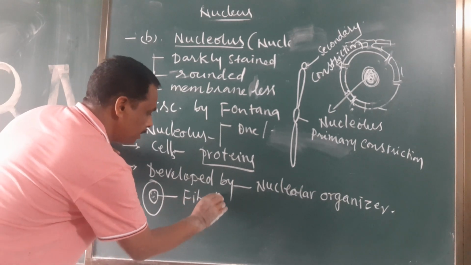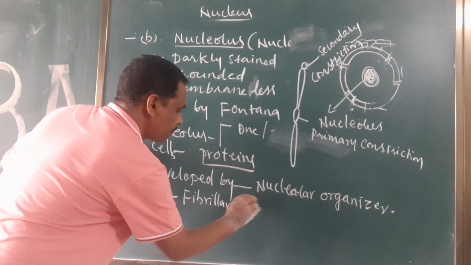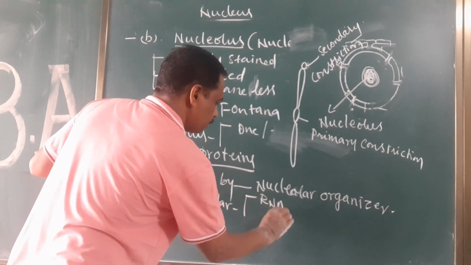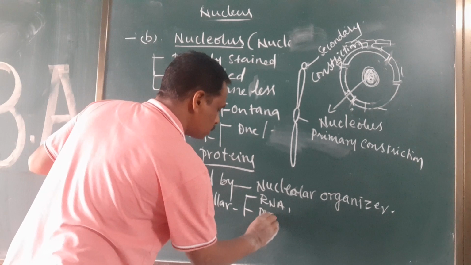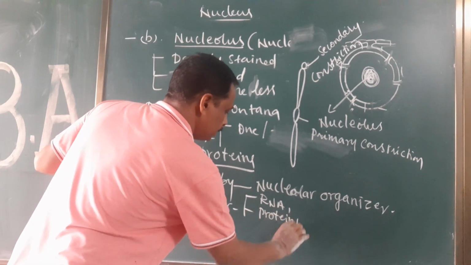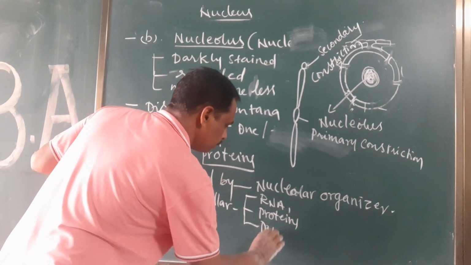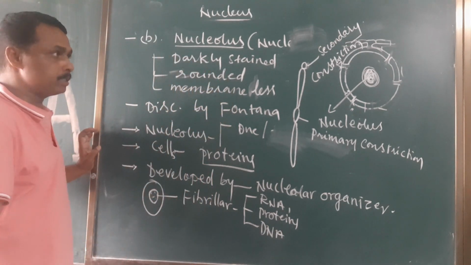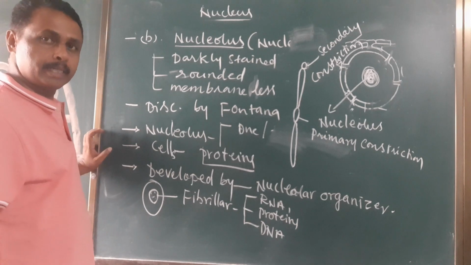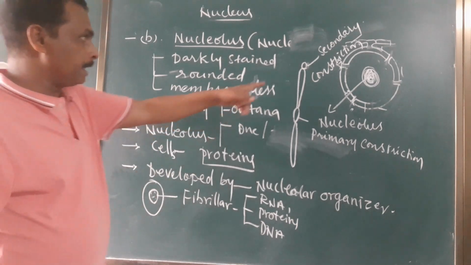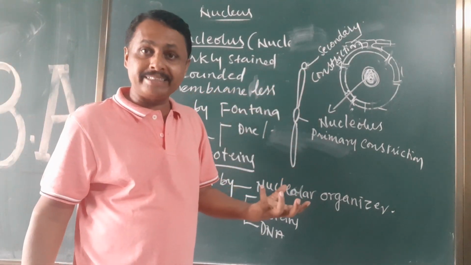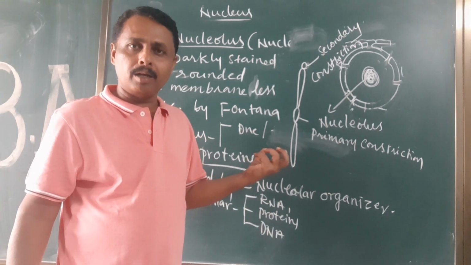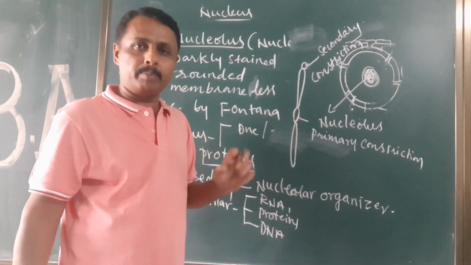It is made of RNA, proteins, and a trace amount of DNA, meaning less DNA is present in the central part of this secondary constriction. So this secondary constriction acts as a nucleolar organizing center, where the nucleolus will be formed.